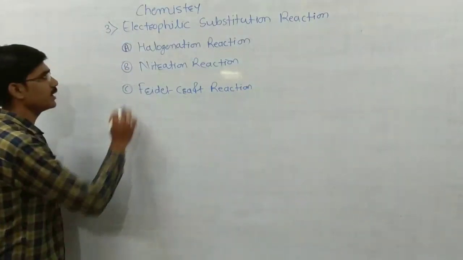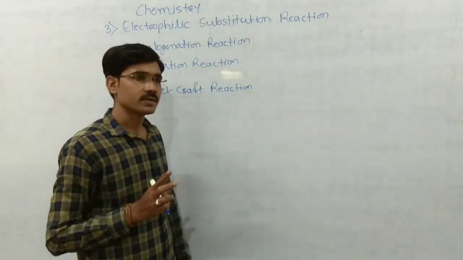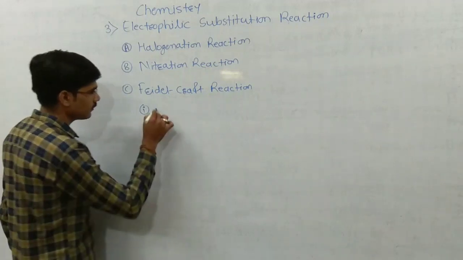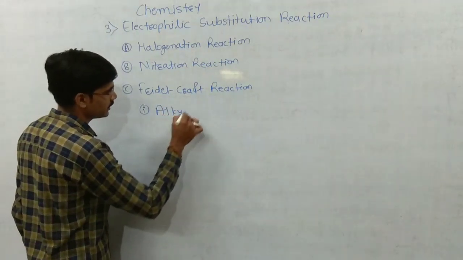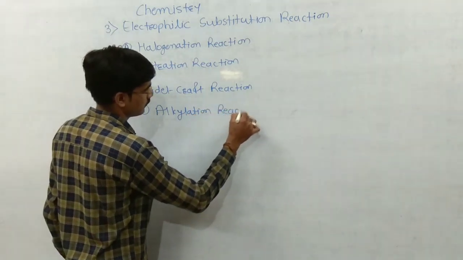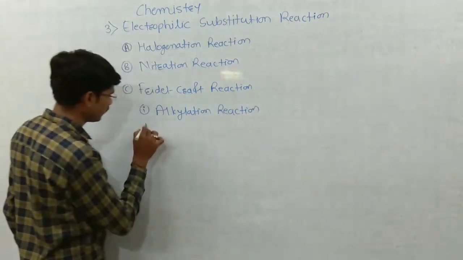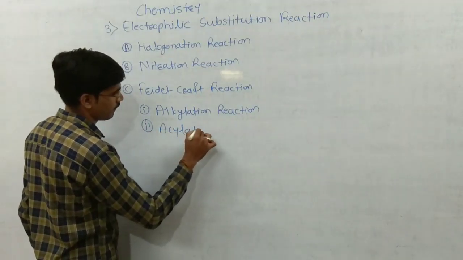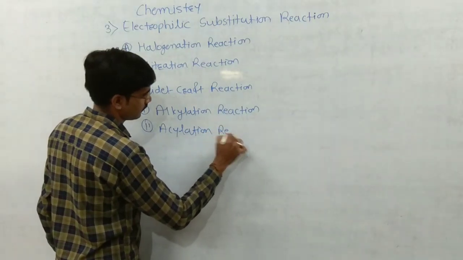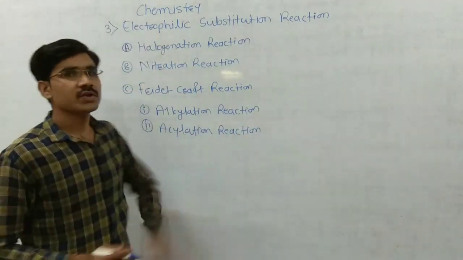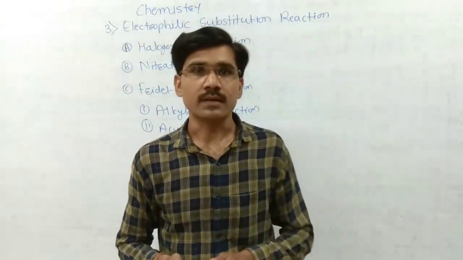And the last reaction, Friedel-Crafts reaction, again has two types. We see here, number one, alkylation reaction, and number two, acylation reaction. This reaction we have to see one by one here.